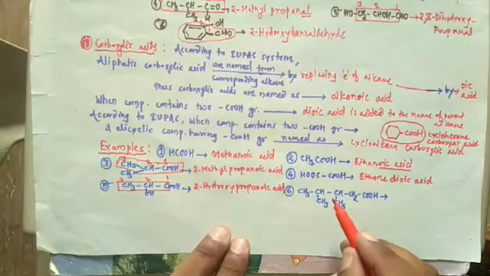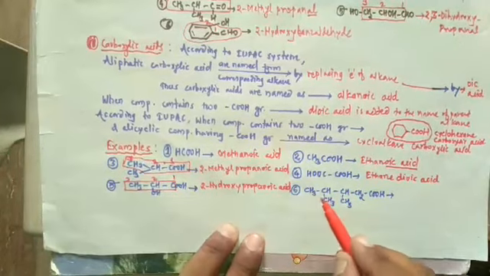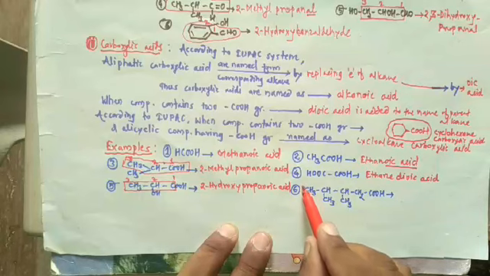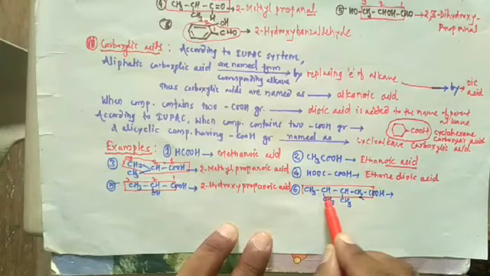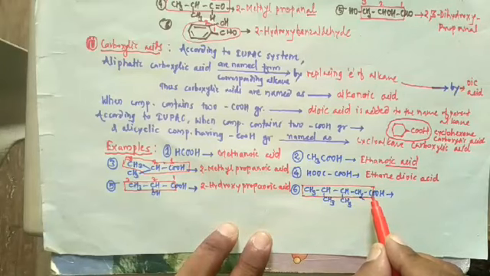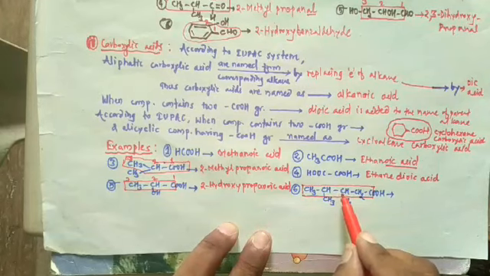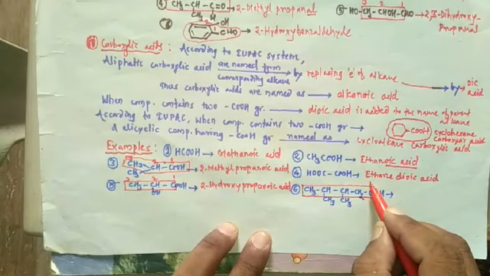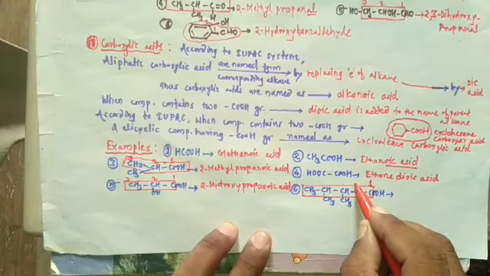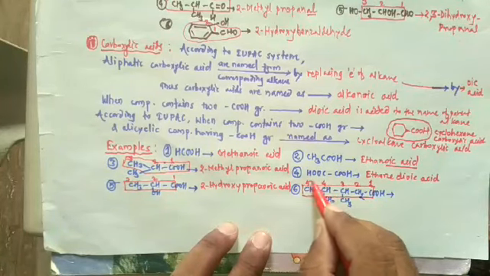Then take the next example. First of all, according to the IUPAC rule, select the longest continuous chain containing the carboxyl carbon. Then number the selected chain. The carboxyl carbon is always numbered 1. So here 1, here 2, here 3, here 4 and here 5.